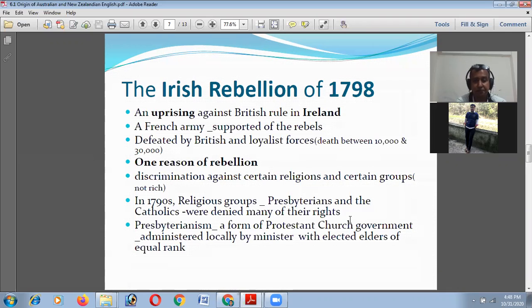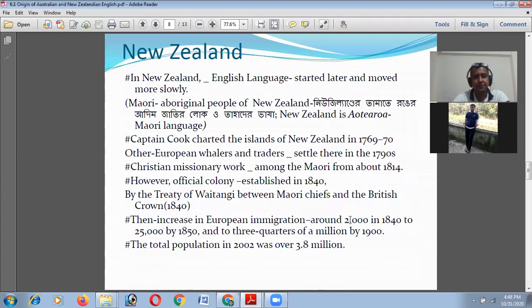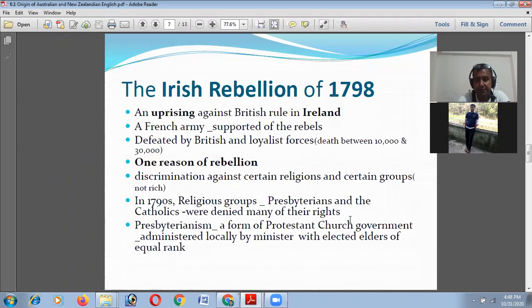There was a rebellion in Ireland against the British government, and for this reason, we see in Australian English a mixture of linguistic patterns.